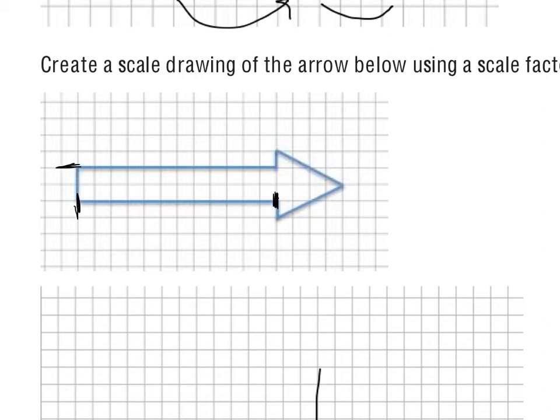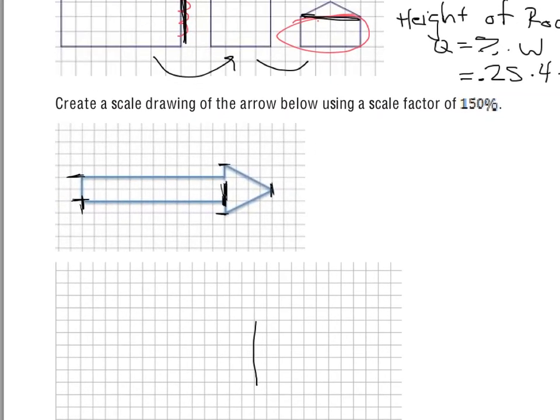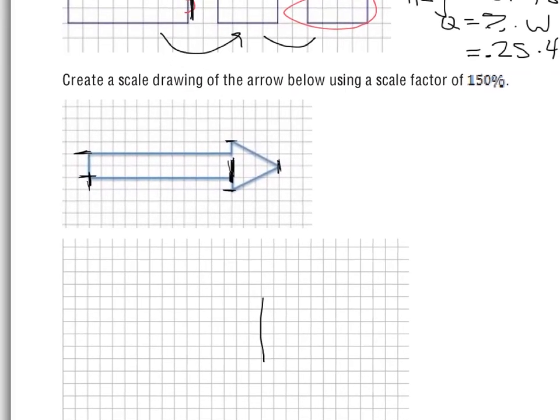One measurement is the height of this part. The next measurement would be the height of the arrow, and then the next measurement would be from here to here. So breaking this down into four different measurements, we're going to use a scale factor of 150%. So for me, again, I'm looking at this as a rectangle length and height, or base and height.